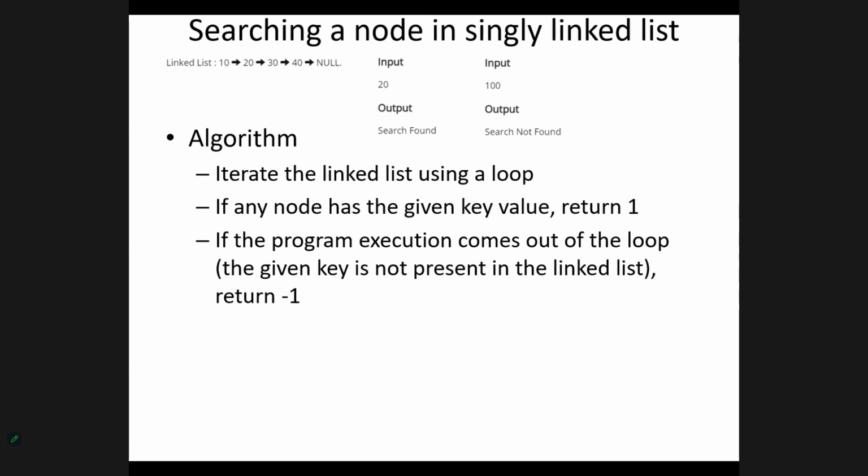This is the given linked list, having 4 items: 10, 20, 30, 40. Let's say I want to find out 20. Is 20 in the linked list or not? That is searching.